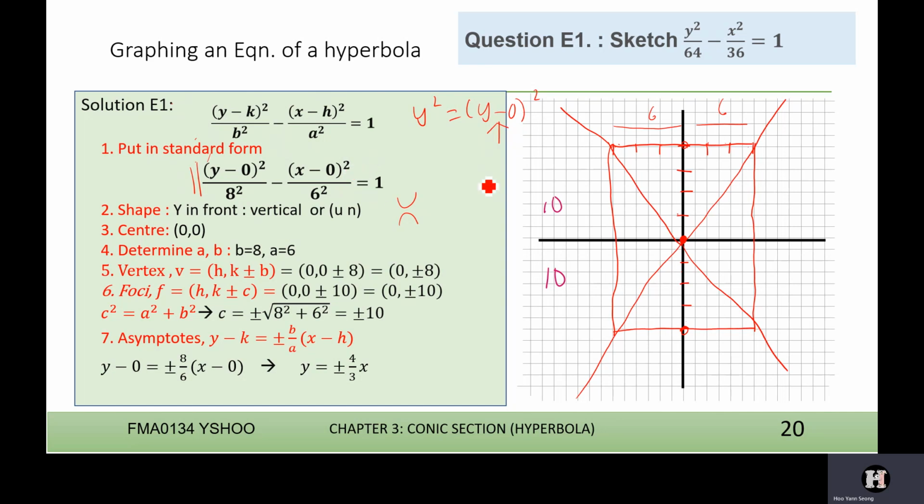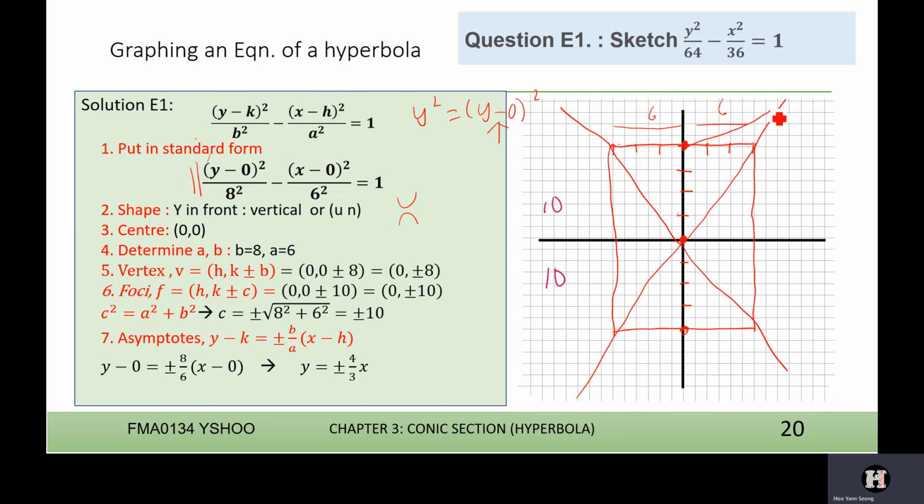Because we already know this is an up-and-down opening, this point, the first point I put, is actually your vertex. Then how do you sketch the curve of your hyperbola? Start from your vertex, the upper one, go.